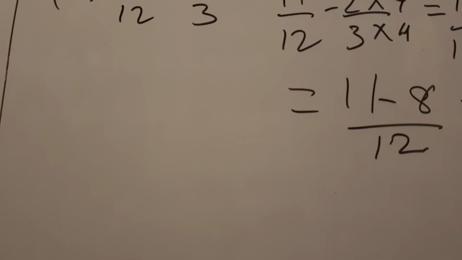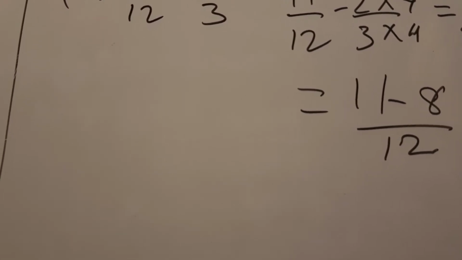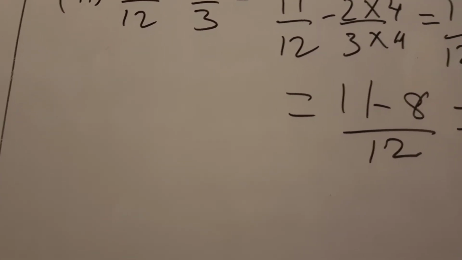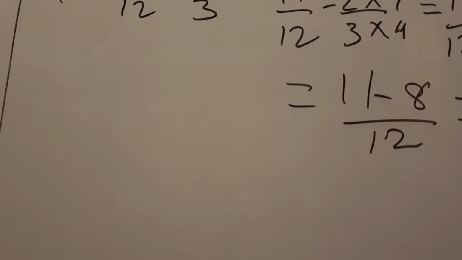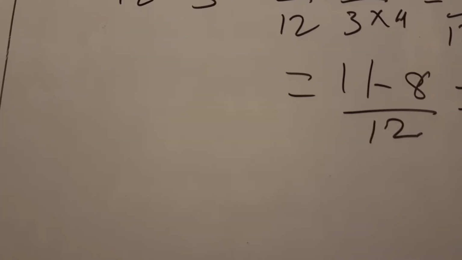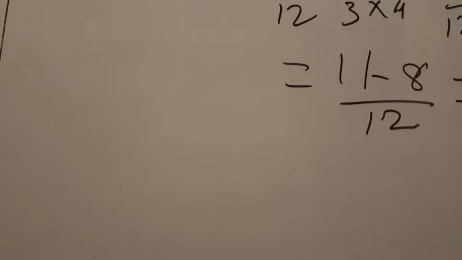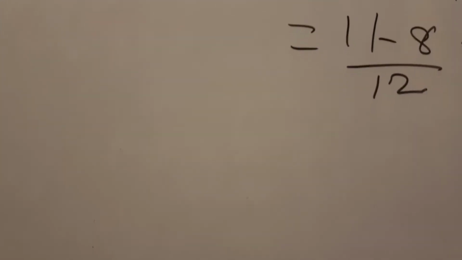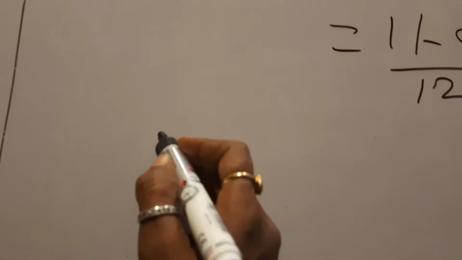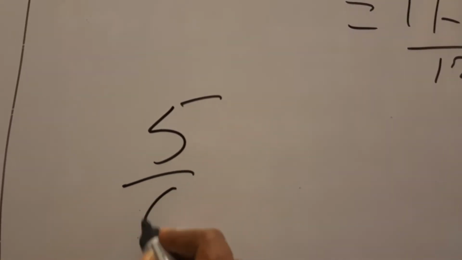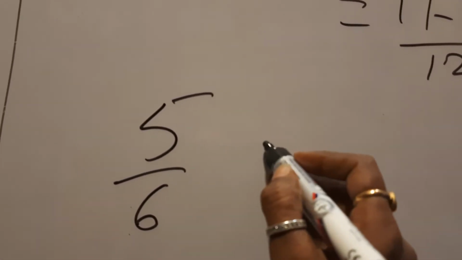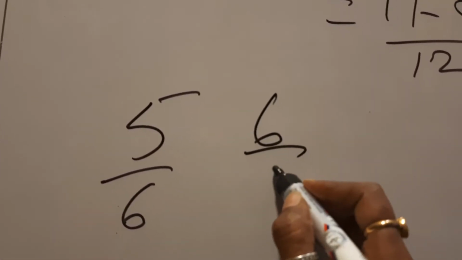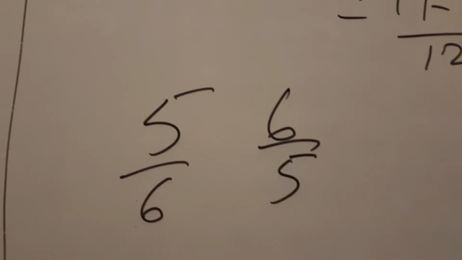So children, we also know that to divide one number by another number, is to multiply the first one by the multiplicative inverse of the other. Like for example, 5 upon 6. Multiplicative inverse of this will be 6 upon 5. Right?